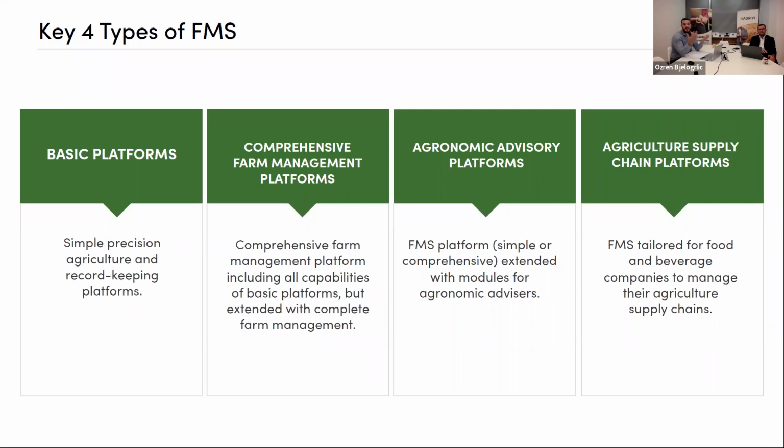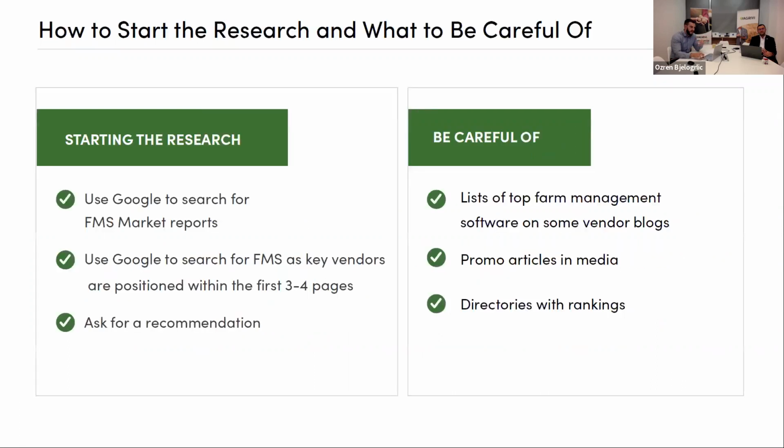As somebody looking for a system, aware of this, you can move forward with your search. The natural next step should be to use Google, for example, or any search engine to search for FMS market reports. And we all know that there is plenty available on today's market in the last several years. We can also Google for FMSs, as the key vendors are positioned within the first 3 or 4 pages, depending on your country.